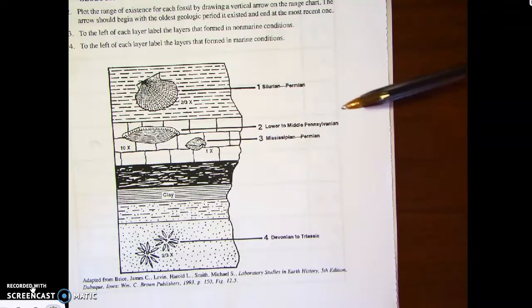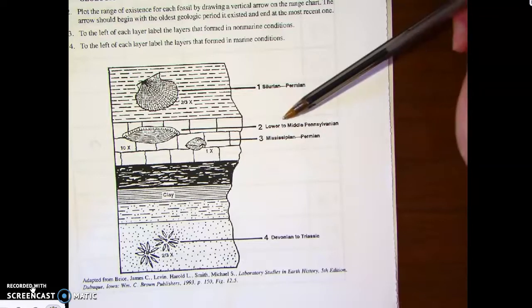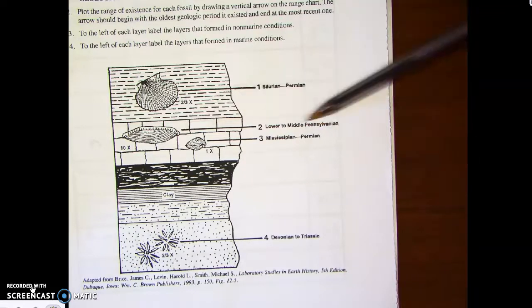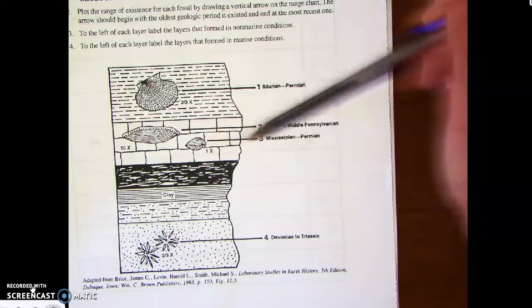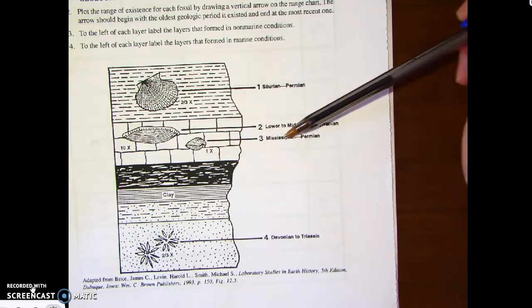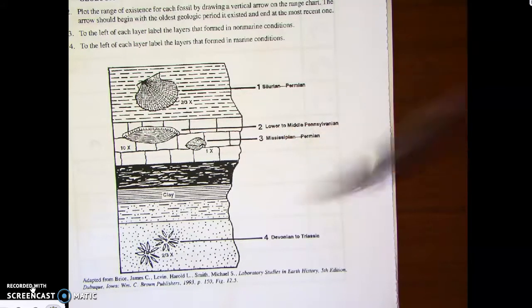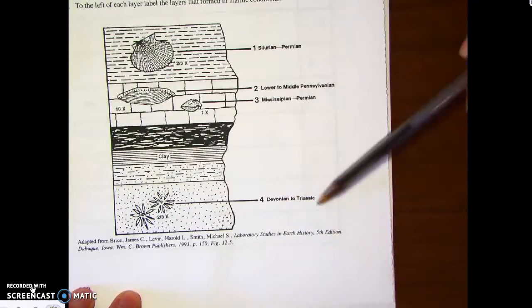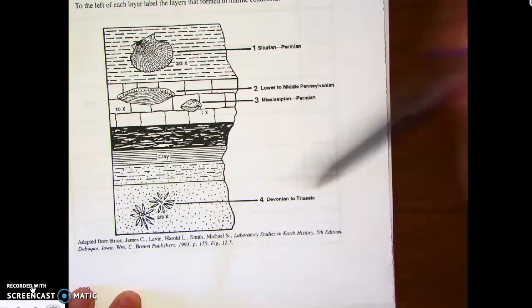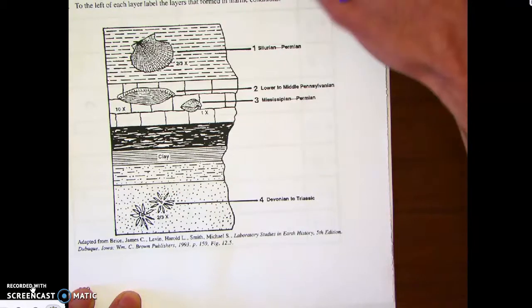And I know that might not make much sense right now, but just follow along. Here, the foraminifera lived during the Pennsylvanian time. I wouldn't worry about lower or middle right now. This particular species of brachiopod lived from Mississippian to Permian, and the annularia from Devonian to Triassic. So this actually did exist during at least part of the time of the dinosaurs.